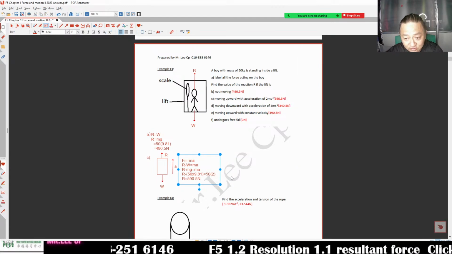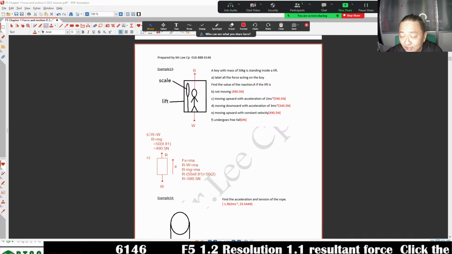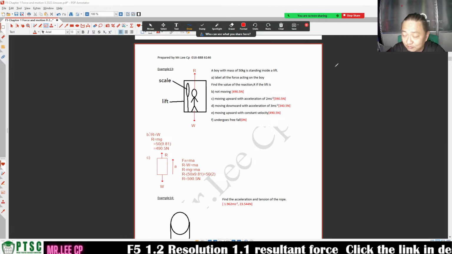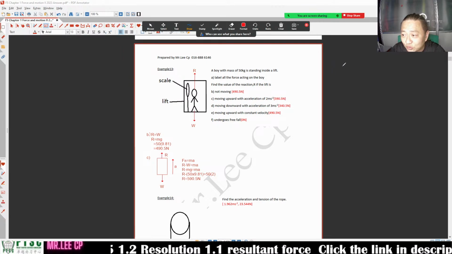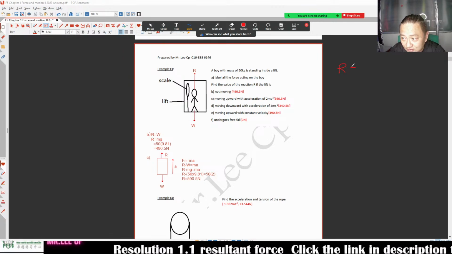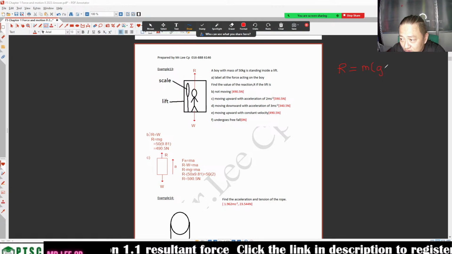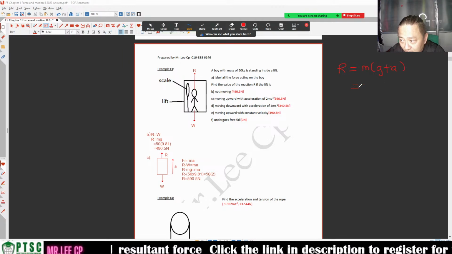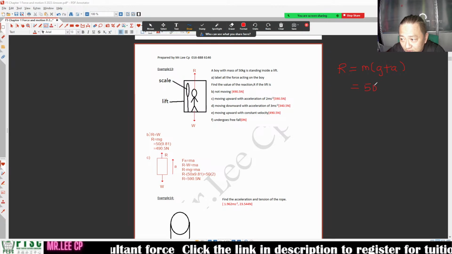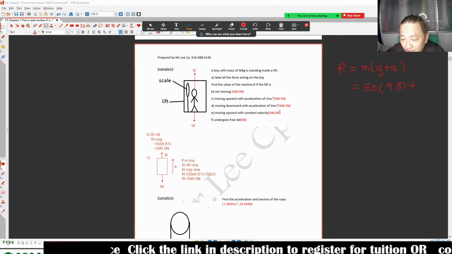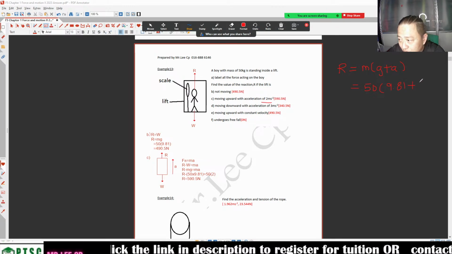I guess that is not that hard for you. And I told you that the formula you can refer to in some reference books is R is equal to M times G plus A. M is 50, G is 9.81, A acceleration is 2.